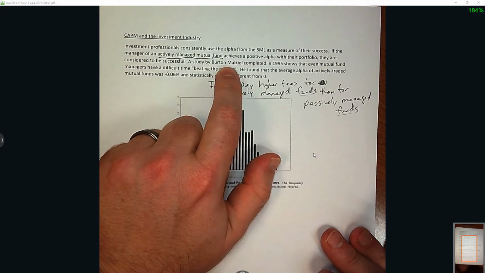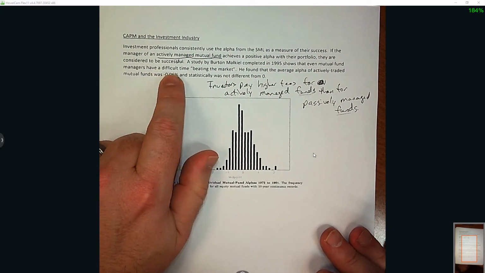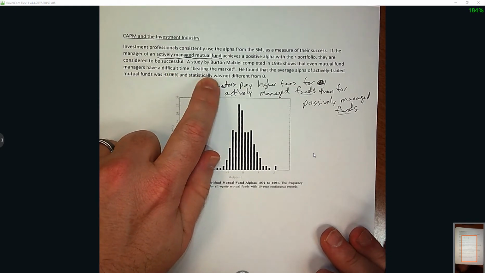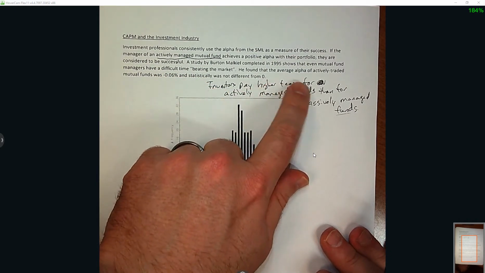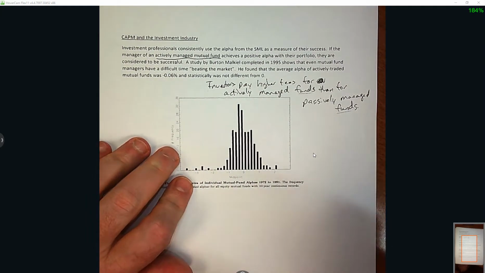But a study by Burton Malkiel completed in 1995 shows that even mutual fund managers have a difficult time beating the market. So he found that the average alpha of actively traded mutual funds was negative 0.06.